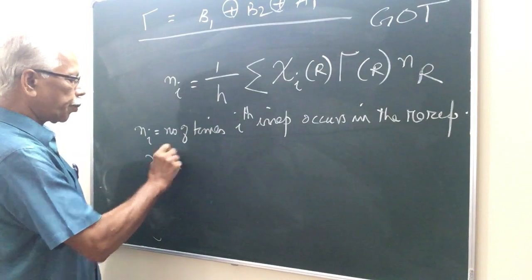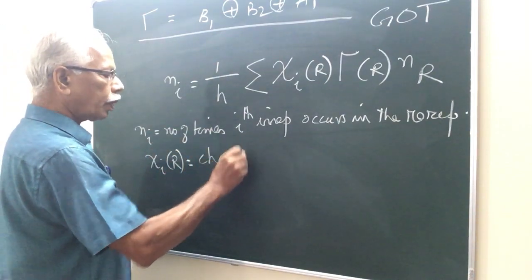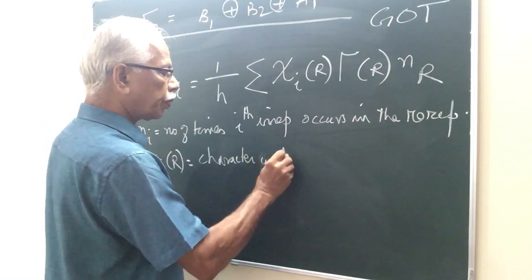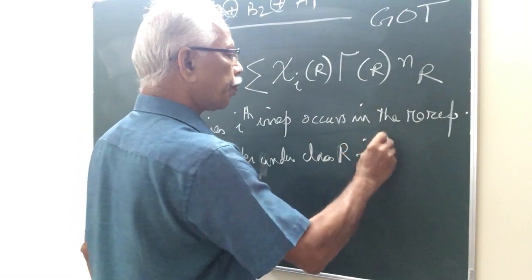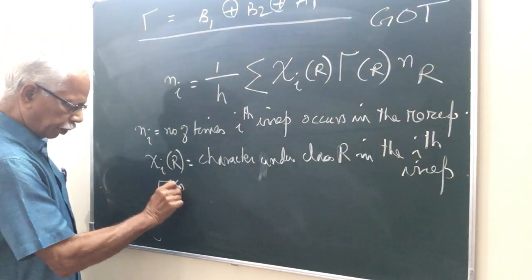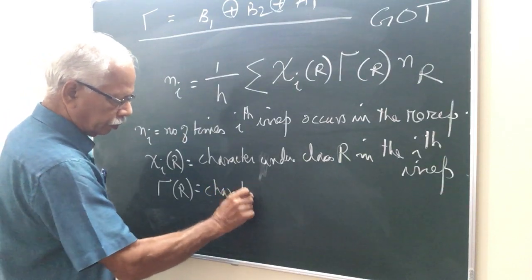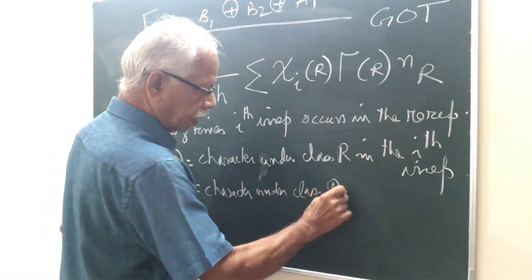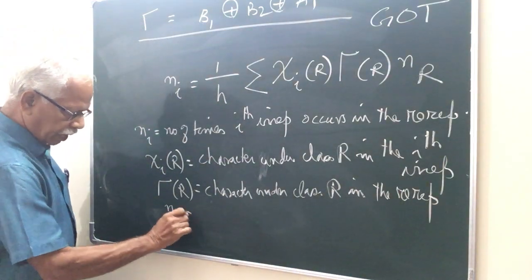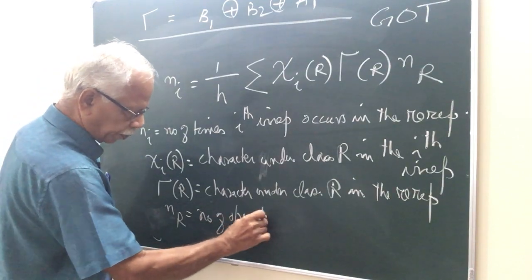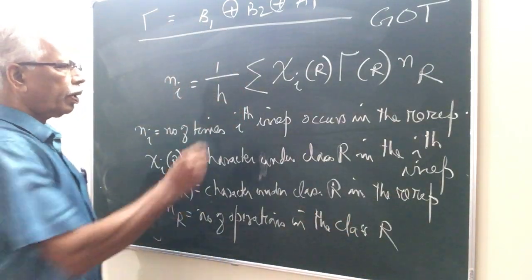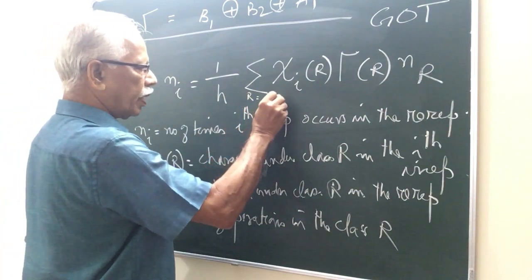Chi i(R) is the character under class R in the ith irreducible representation, and gamma(R) is the character under class R in the reducible representation, and N(R) is the number of operations in the class R. Here the summation is done over R, which is representing the classes.